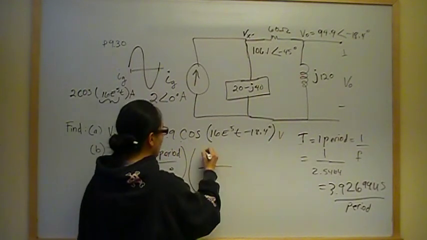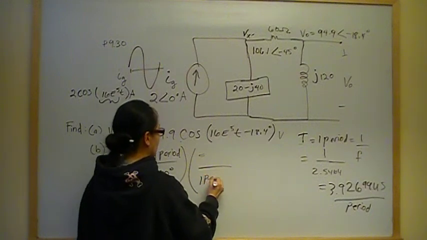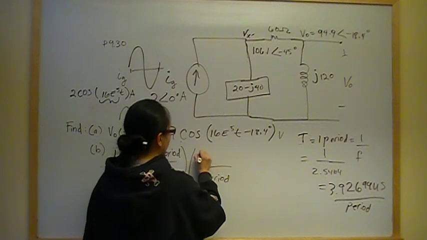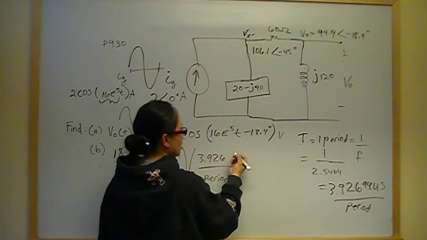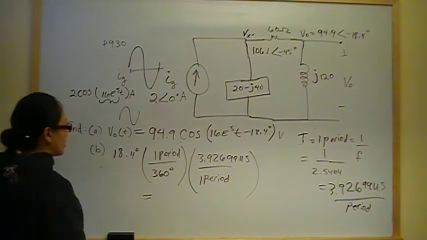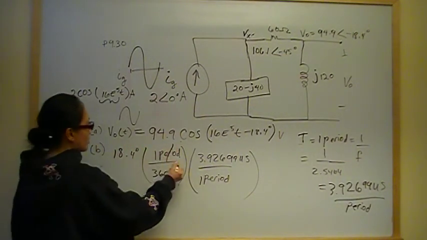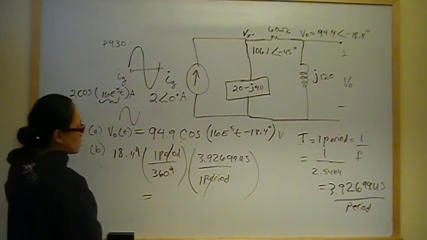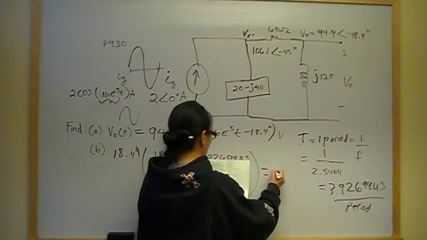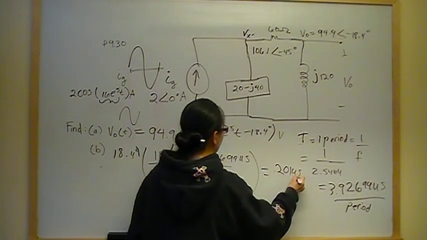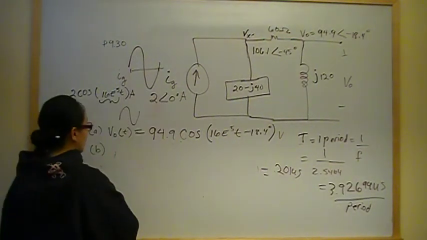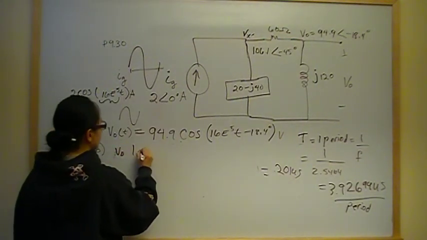And one period is represented by a time of 3.92699 microseconds. The period will cancel out, degrees will cancel out, and you will end up with 0.201 microseconds.